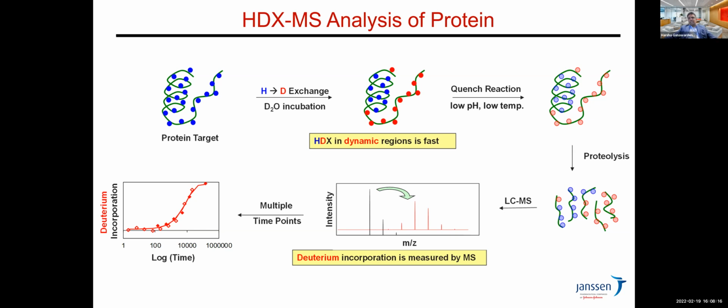We can now repeat these experiments a number of times using various incubation times, and what we end up getting is these deuterium uptake plots that you see in the bottom left-hand corner, which is typically a sigmoidal plot. The plot shows deuterium incorporation as a function of a log time scale, and the time scales could vary from seconds to a couple of hours or days, as long as days. This is HDX in a nutshell.